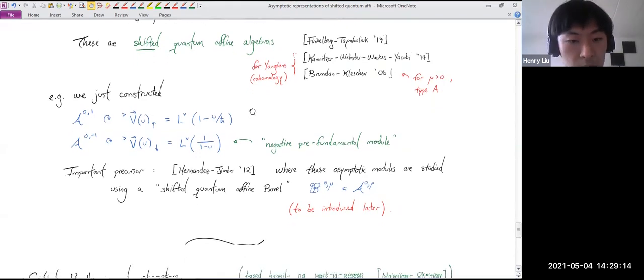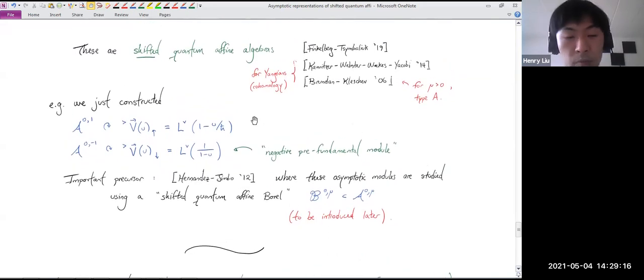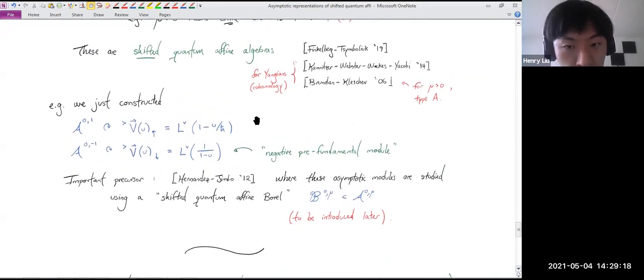Okay, yeah, so I think maybe that's a good place to stop for today. What we saw today was a very concrete and explicit computation in terms of purely the representation theory of SL2 hat.